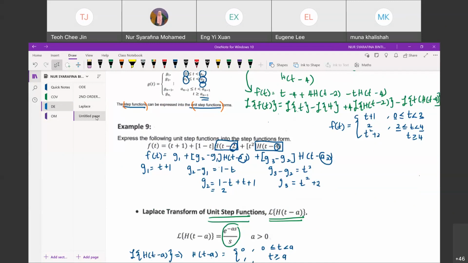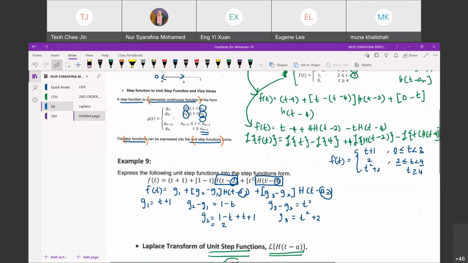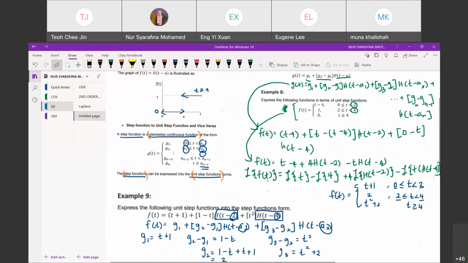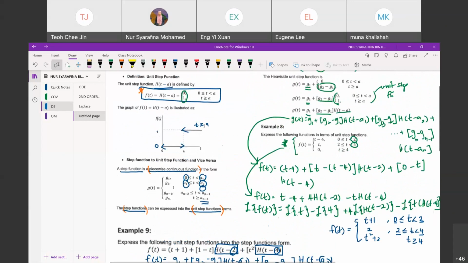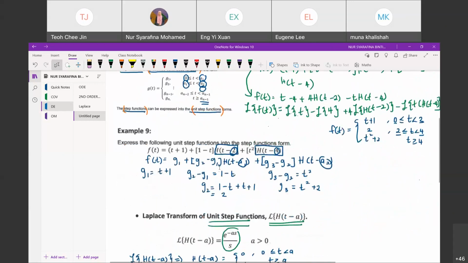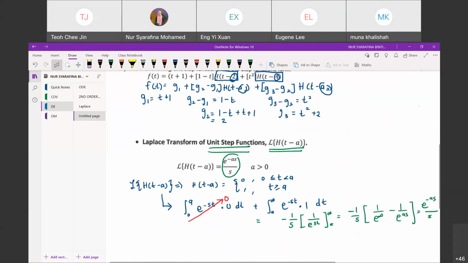Okay, don't worry, we're going to do some examples after this. So what you have to know right now is how to convert from a piecewise function to a unit step function, by using the definition of the unit step function. And then you know how to transform a unit step function.